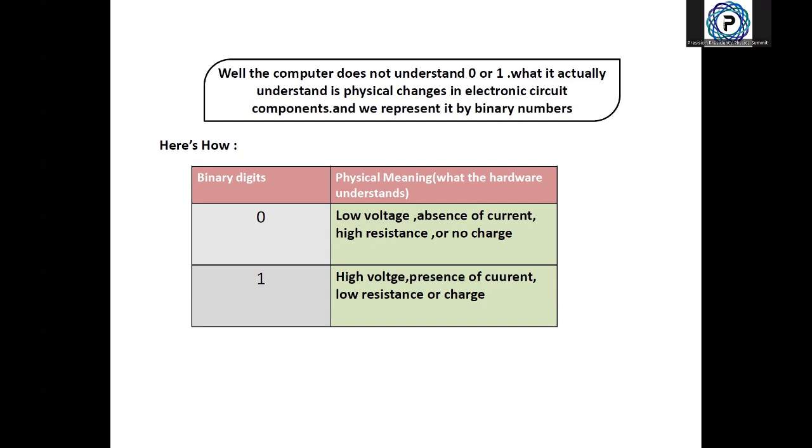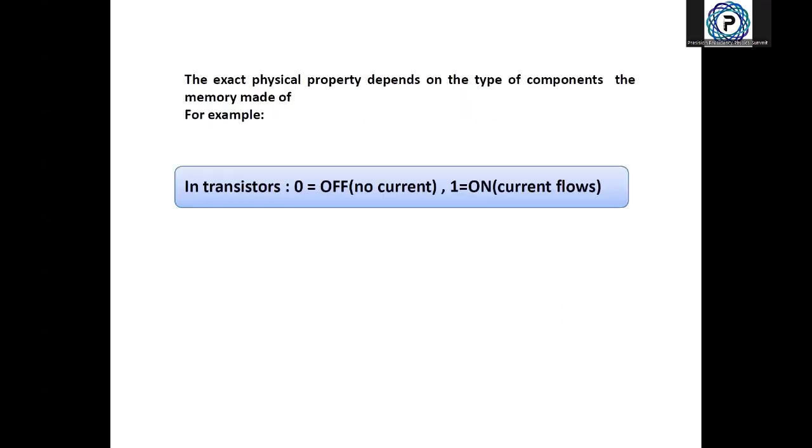By differentiating these, we assign 0 or 1 to memory devices. Like in a transistor, if there is current, this configuration is used for 1, and if there is no current, we call this configuration 0.